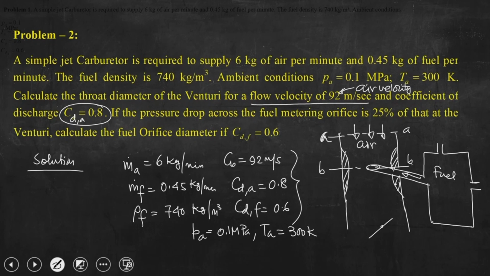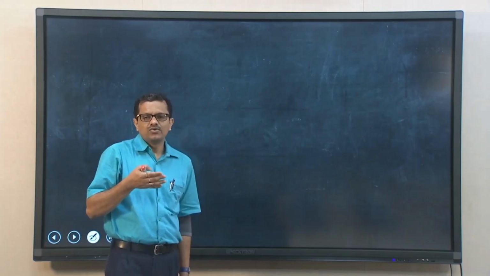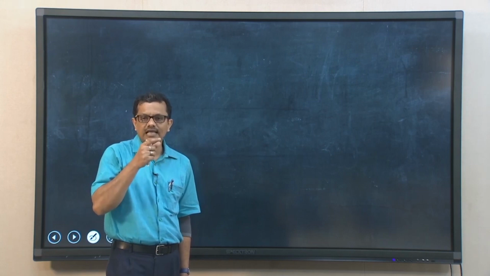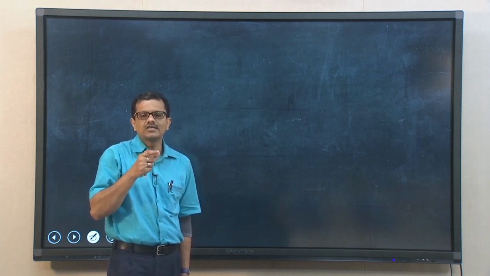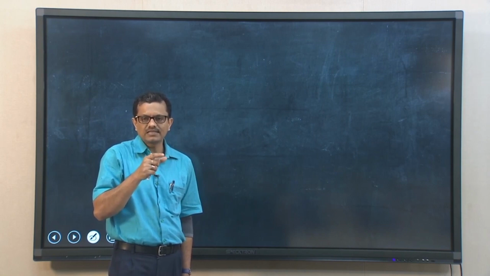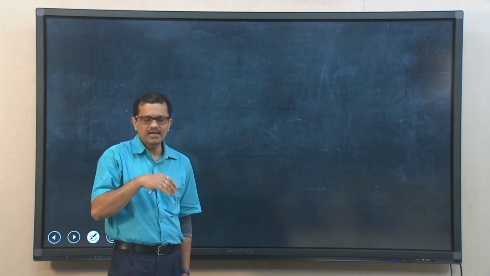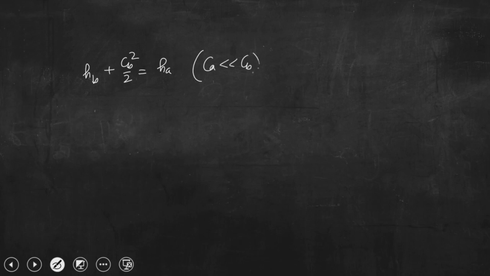Okay. So, if we try to solve it, just try to recall what we did. We had applied the steady flow energy equation between section A and section BB to calculate the velocity of air at section BB, which is at the venturi. If we apply that steady flow energy equation, we can write HB plus Cb square by 2 equal to Ha, because Ca is much less than Cb.